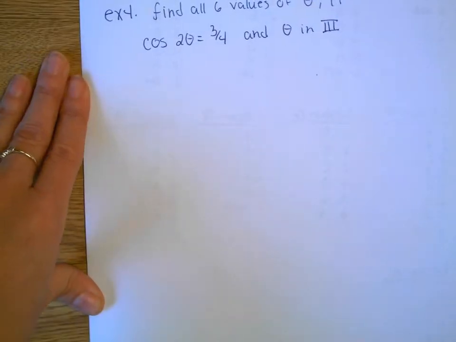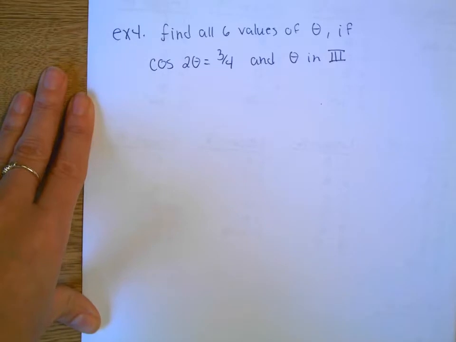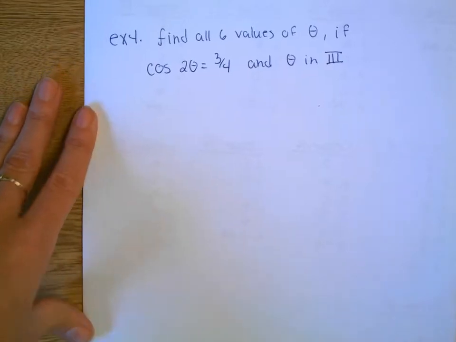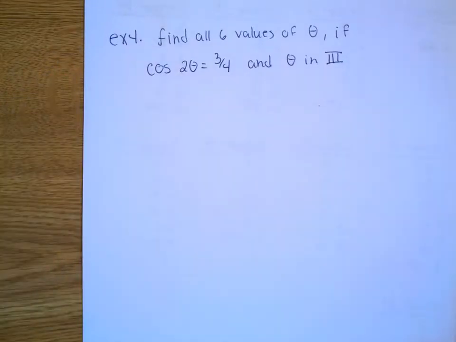Okay, I'm going to wait for you to write that down. I want you to pay attention to the difference between the one we just did and what we're going to do.